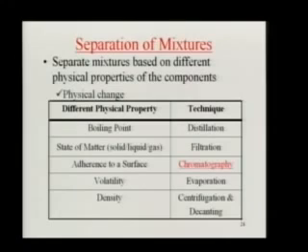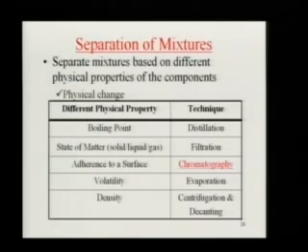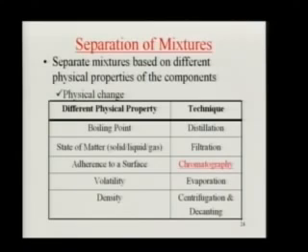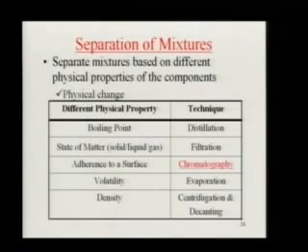You can do just paper chromatography. I can stick that paper in there, and what will happen is there will be an attraction by one of those molecules to that strip, and I'm actually physically extracting out some of those molecules, leaving the other ones behind. That was sort of a rough explanation of what chromatography would be.